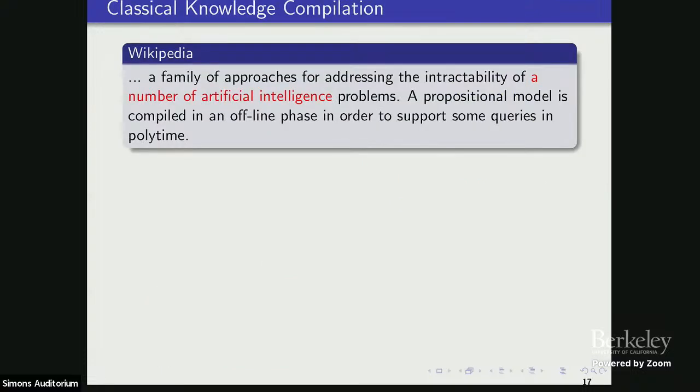So this now motivates the question: given a specification, how do I compile it to a form from which I can do efficient quantification and hence efficient synthesis? This is the Wikipedia definition of knowledge compilation. It's a family of approaches for addressing the intractability of a number of artificial intelligence problems. A propositional model is compiled in an offline phase to a form that supports subsequent queries in polynomial time.